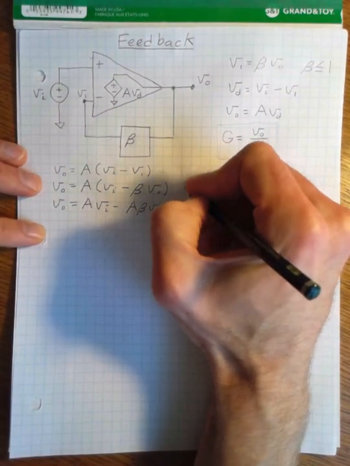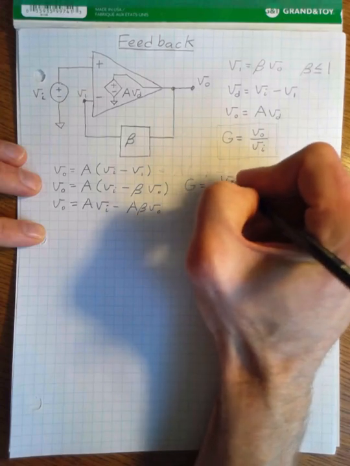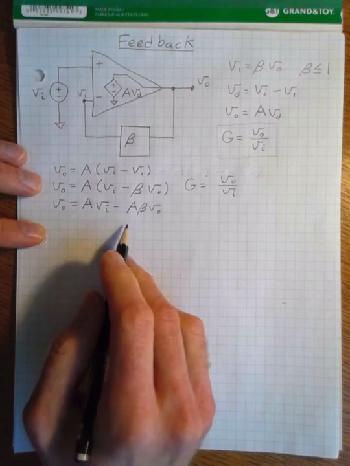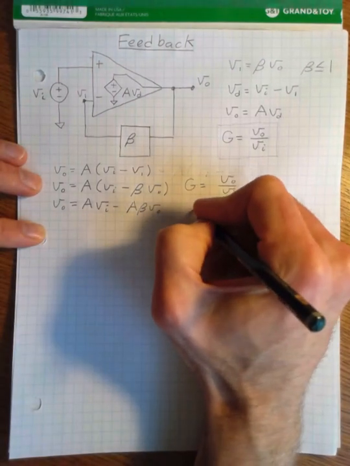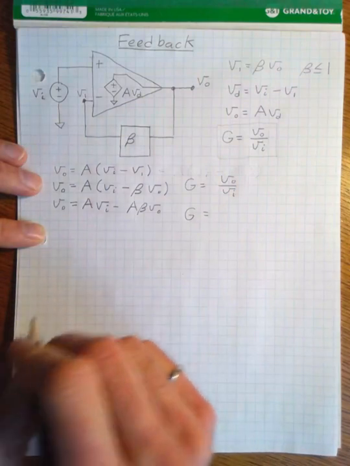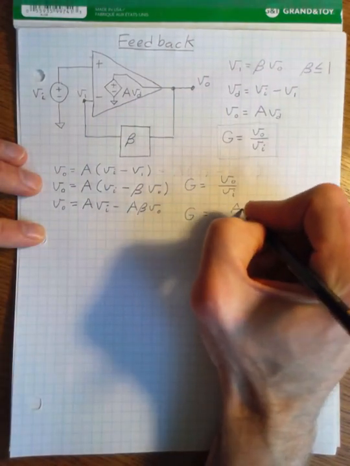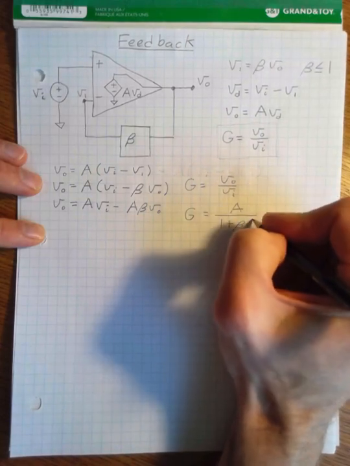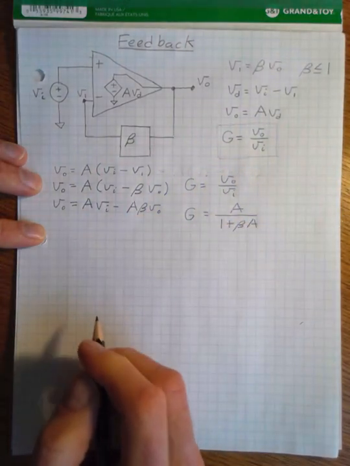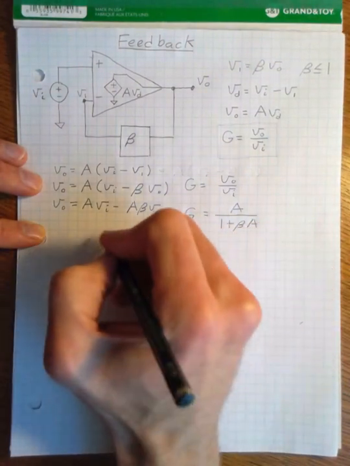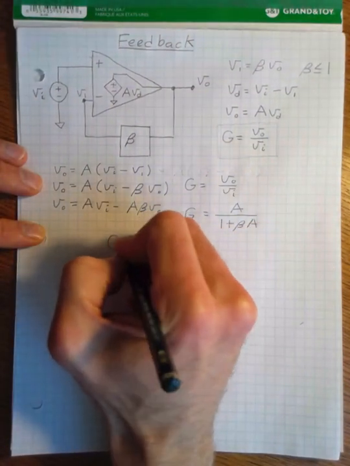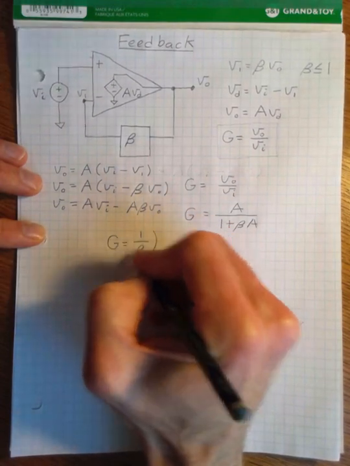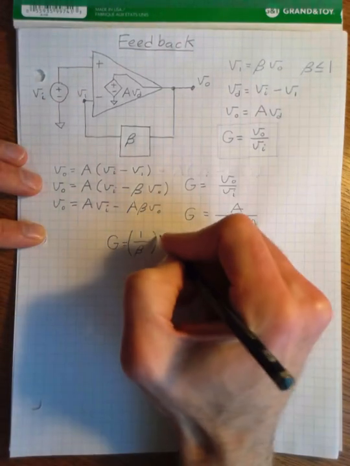And if I now take the ratio of V out over V in using this equation, I find that G is equal to A over 1 plus beta times A. Or putting it in a slightly different form, and you'll see why I do this in a second, I'm going to take a factor of 1 over beta out front.